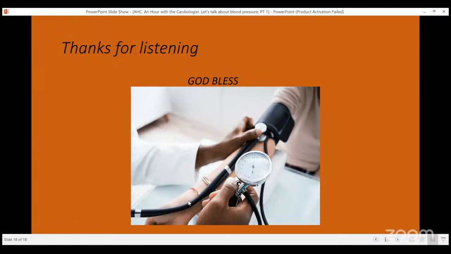Sometimes it can be very high, in the setting of arrhythmia. If the heart rate is extremely high, let's say 150 or 140 thereabout, at that time of course the person will have palpitation, and the blood pressure may be low instead of high. Reason being that there will not be enough time for blood to fill the heart.